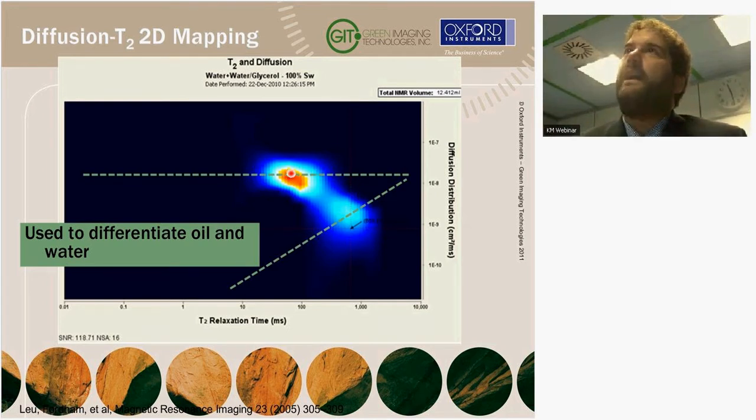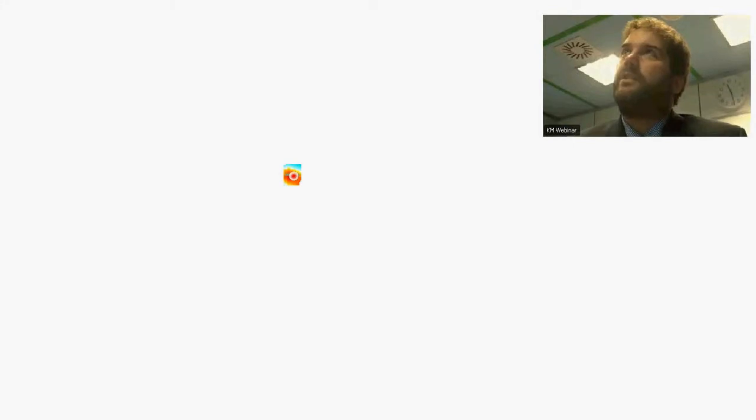So now here we have a sum of signal. The map gives us the amount of signal that has this diffusion value and this T2 value. So in here we would have signal that would have, say, 800 milliseconds T2 and 1 times e to the minus 9 diffusion.